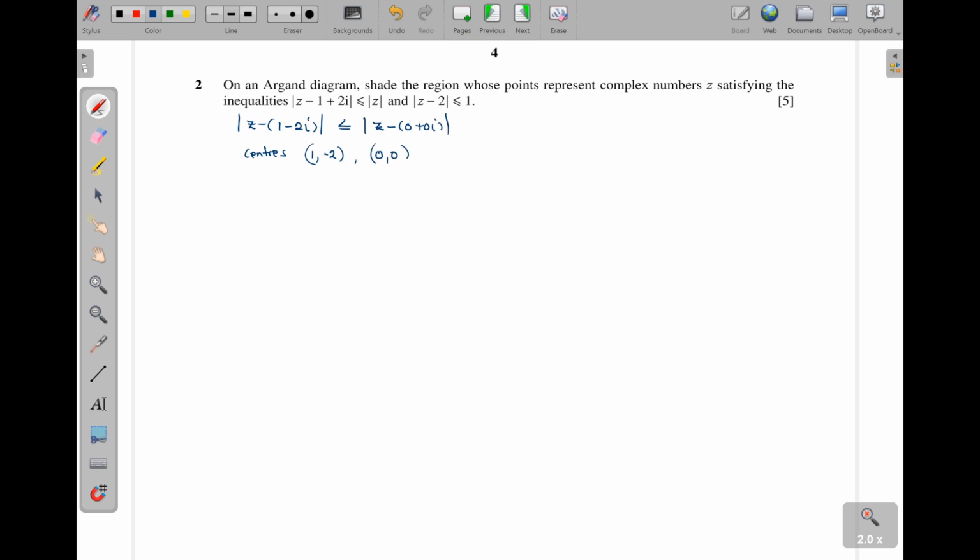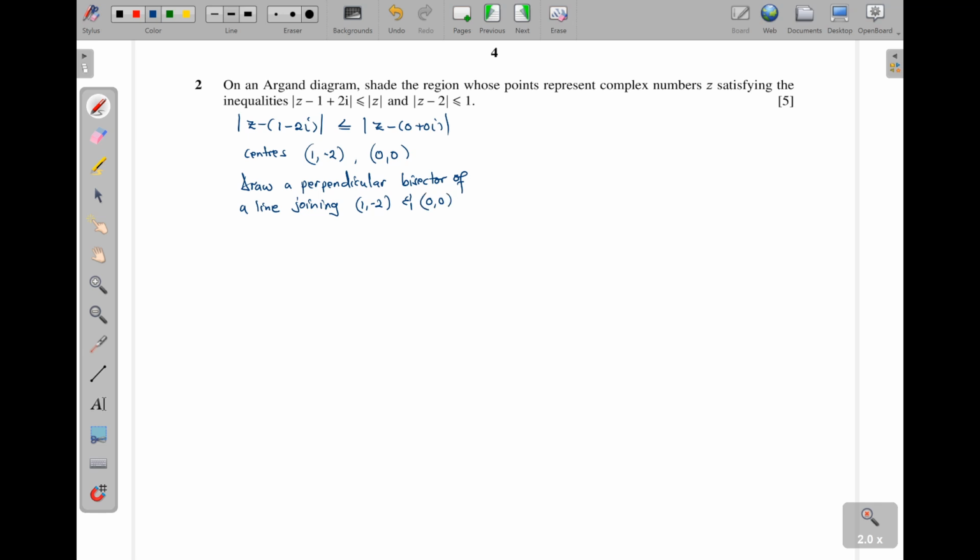Okay, so here we are going to draw a perpendicular bisector of the line joining points this and this, okay. So let me write this one here. Draw a perpendicular bisector of a line joining 1, negative 2 and 0, 0.